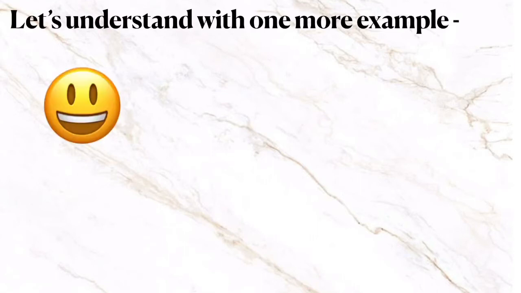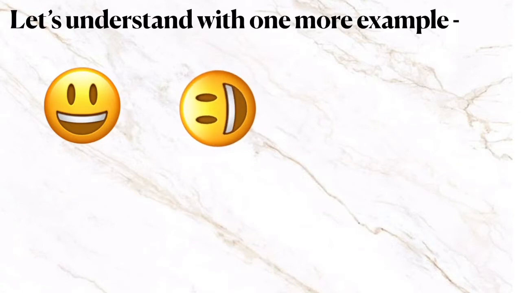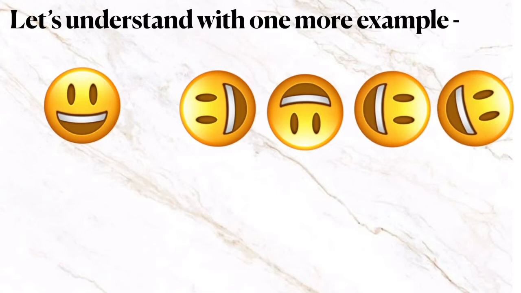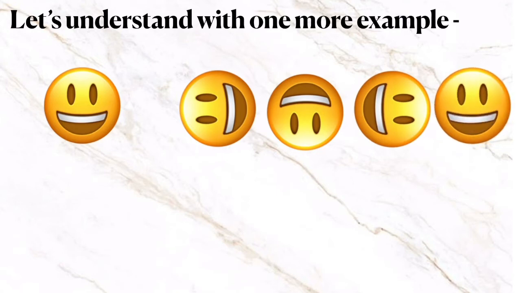Let's understand with one more example. Now this time you have a smiley face. Rotate this at different angles and tell me how many times you get the original shape, meaning the face in which eyes, mouth and other parts remain at the original place.